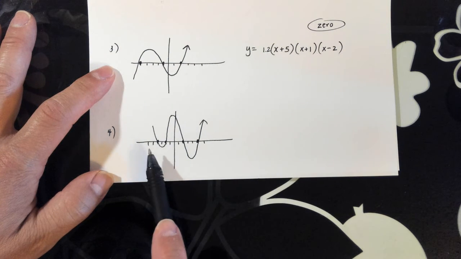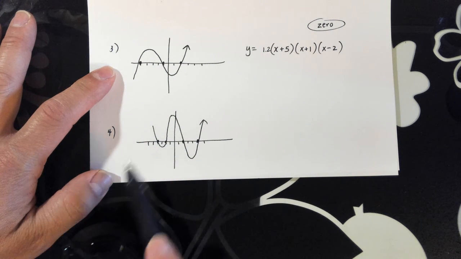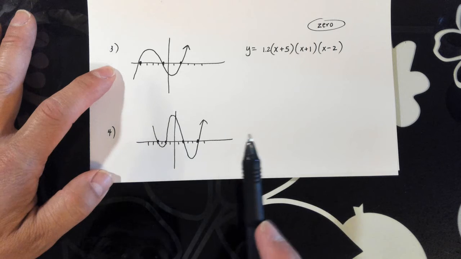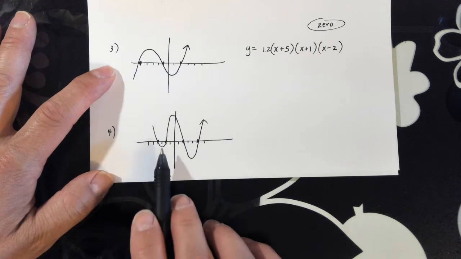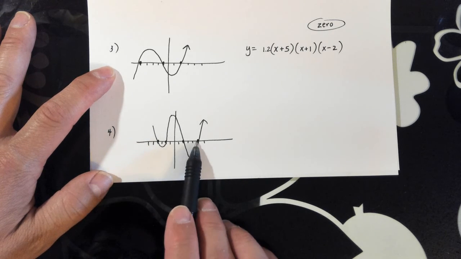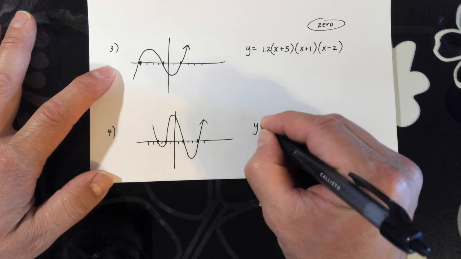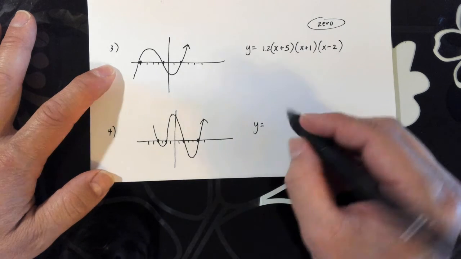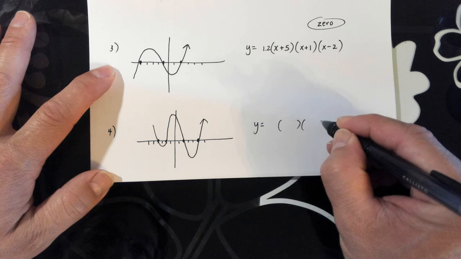Let's see. This one has 3 turns. It clearly looks quartic because it is quartic. And 4 x-intercepts, we know exactly where they are, so you're going to write it in factored form.